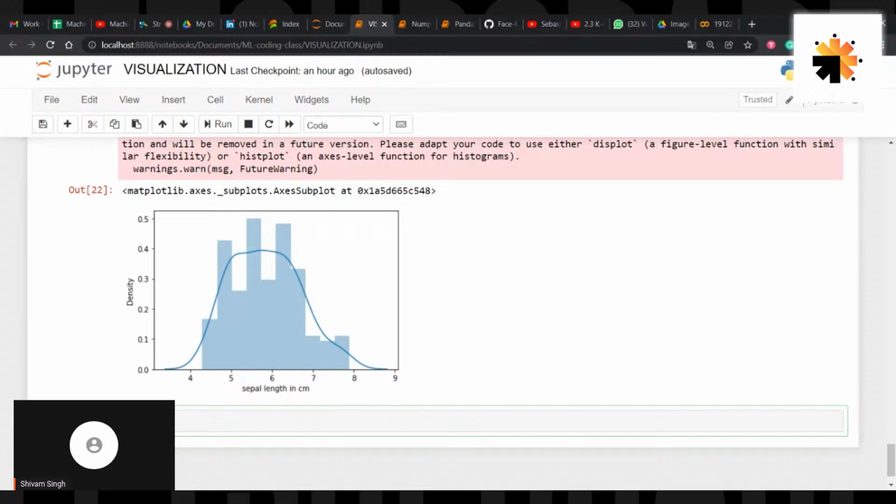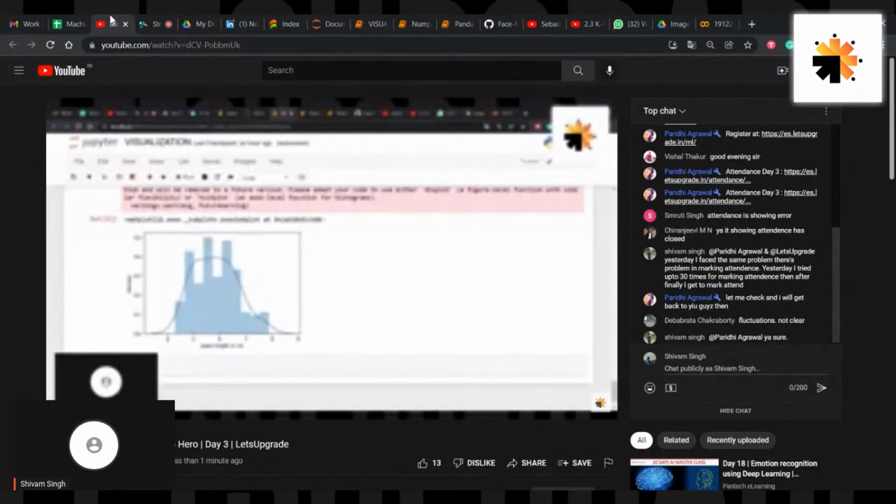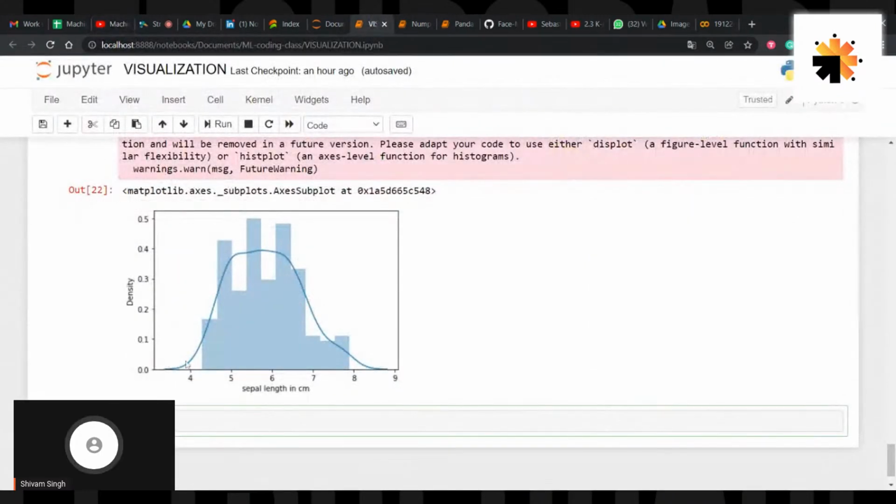Let me take feature-wise features and check. With a scatter plot, I made a statement that petal length and petal width are the most important features. Let me try to give more weightage to this statement by using this distribution plot.